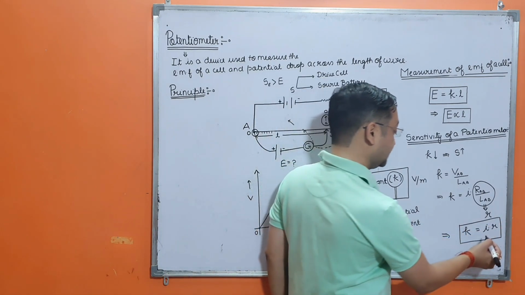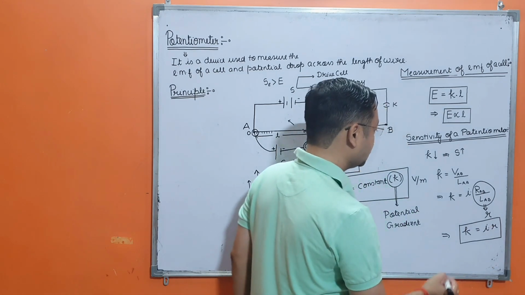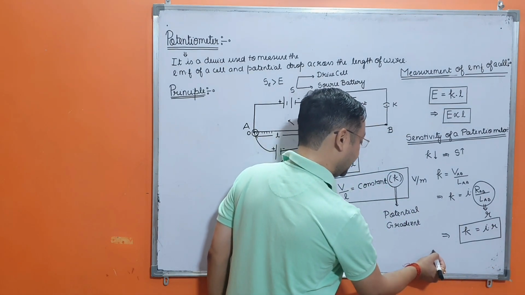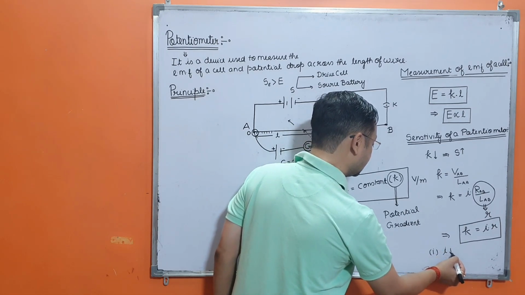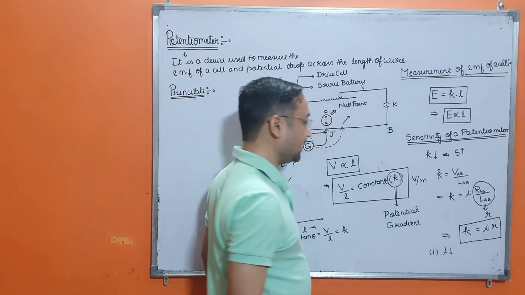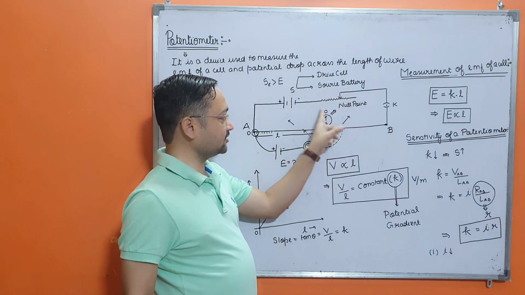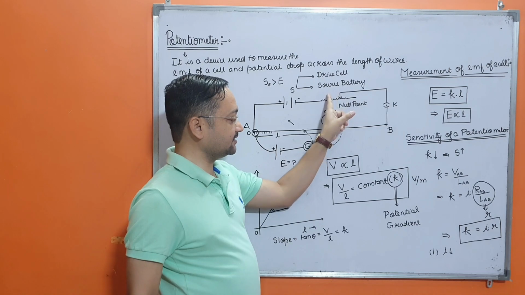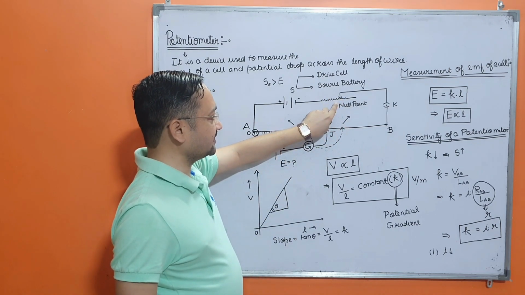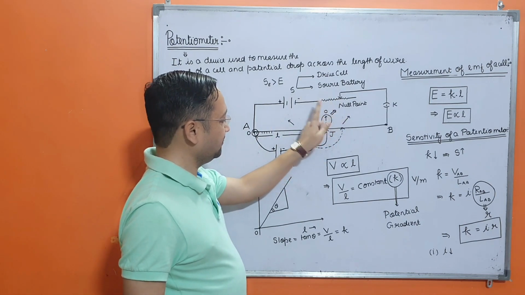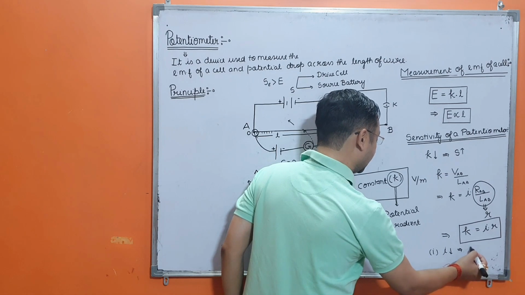Now it depends on two factors, current and resistance per unit length. So the sensitivity can be increased if we decrease the current in the circuit. And how can we decrease the current? By connecting an external resistance in the potentiometer circuit, we can reduce the current, and by reducing the current we can increase the sensitivity.